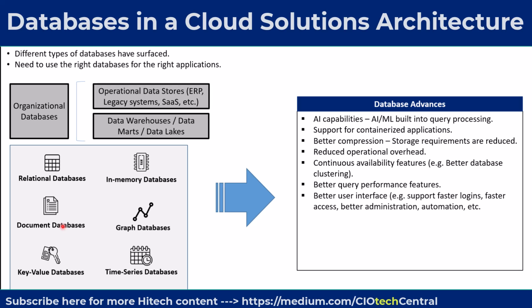They have incorporated better user interfaces, such as including support for faster logins, faster access, better administration, automation, etc. These newer databases are also being built to handle requirements for complex and heavy-duty workloads that work across multiple availability zones and work across multiple cluster deployments.